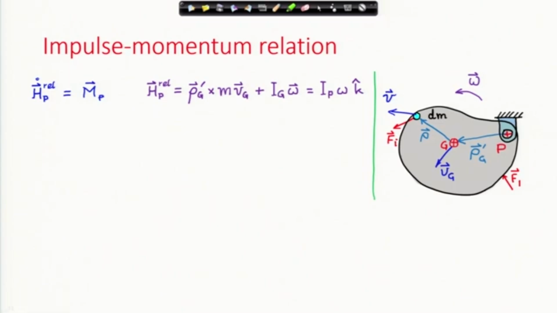Thus, we have h P rel dot as the net moment about P, and the h P rel expression is nothing but I P, the moment of inertia about P, times the angular velocity, which is in the k cap direction. K cap is perpendicular to the plane of the screen.